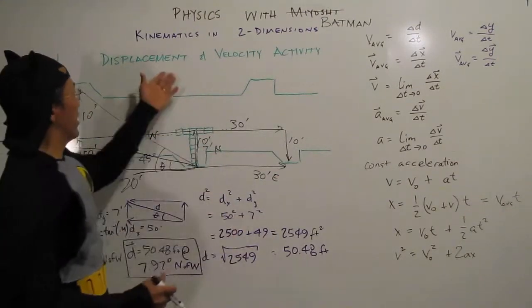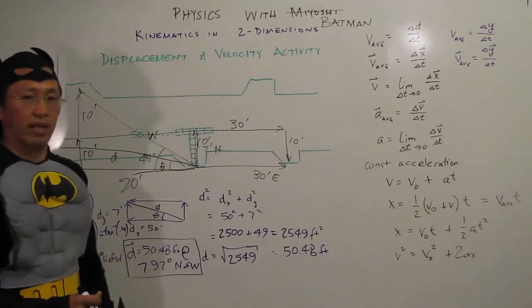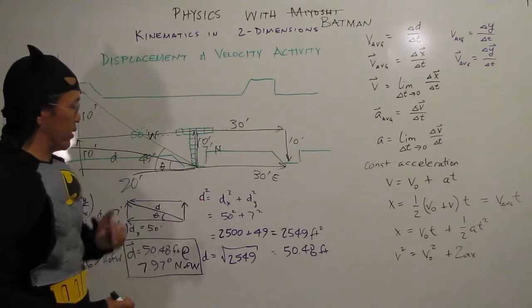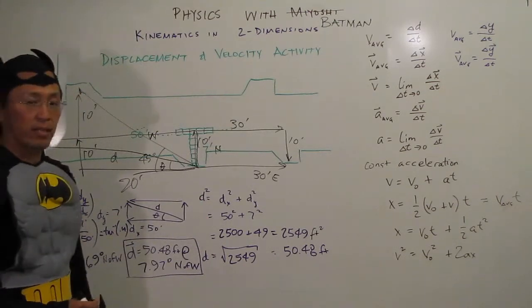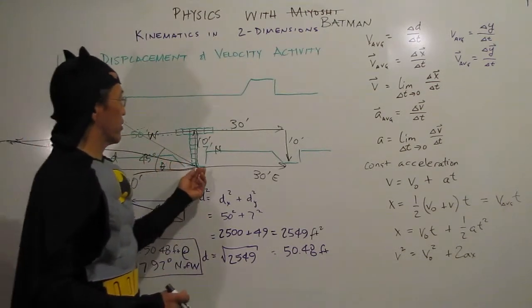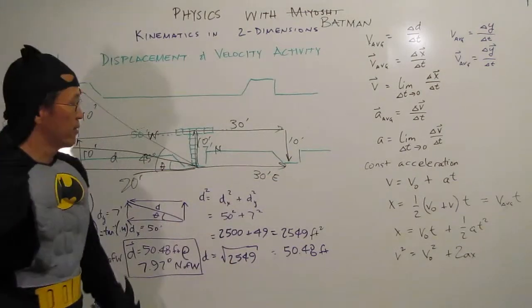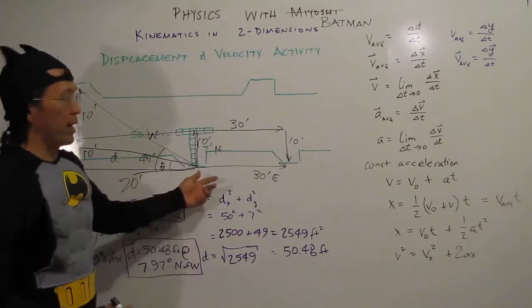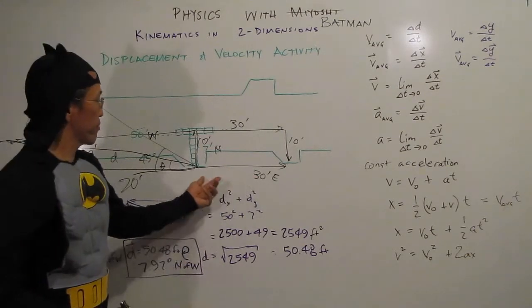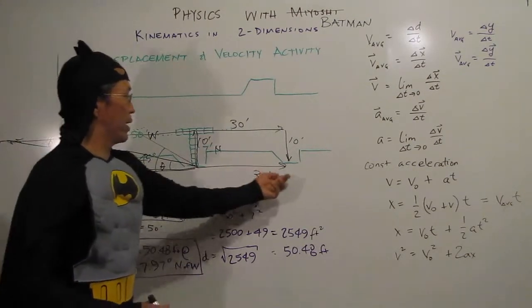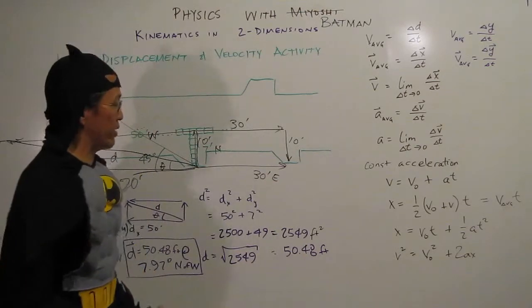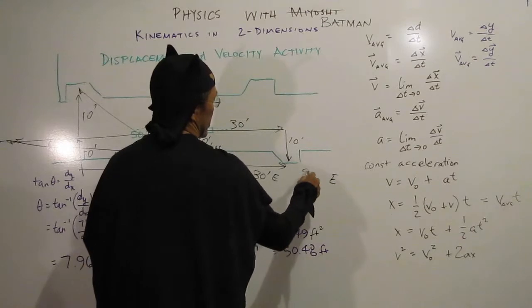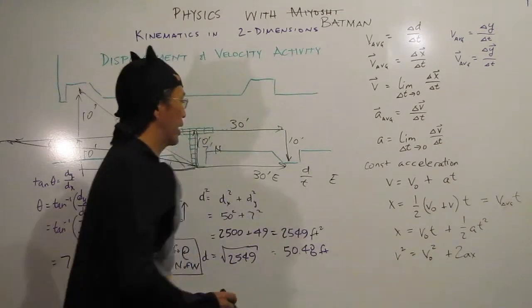Okay, now how do we find the velocity? We would find the velocity by taking our displacement vector and dividing that by our time. So if it took us 30 seconds to get next door, then I would have 30 feet east, and my velocity vector would also be in the east direction, but I would take my distance divided by my time.